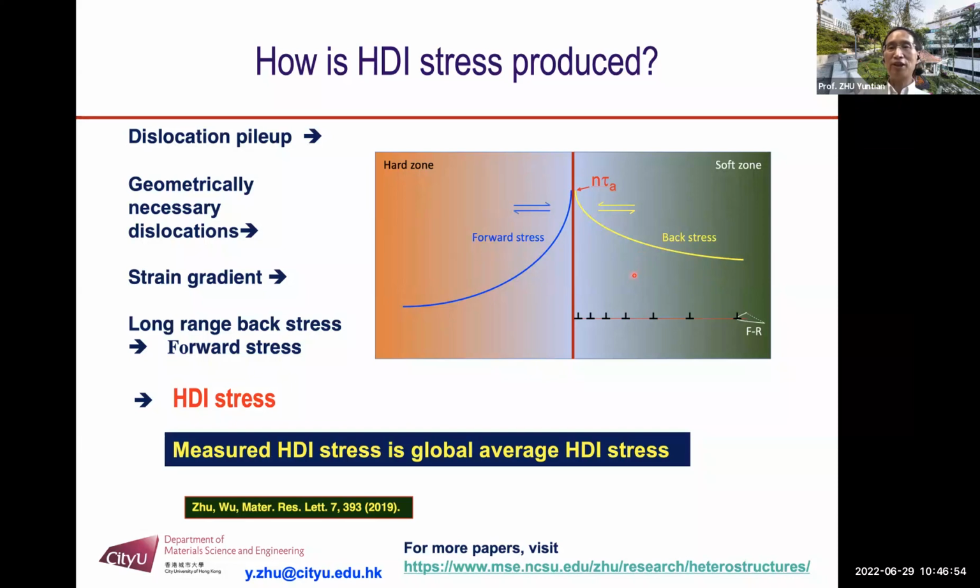I'm not saying back stress does not exist. It still exists in the soft zone. The only problem is you cannot measure it using mechanical testing. If you want to measure this, you may need to use neutron diffraction or X-ray diffraction, if you only measure the soft zone part.